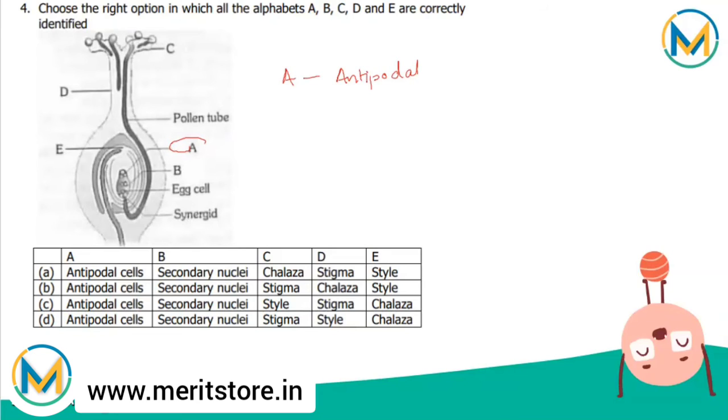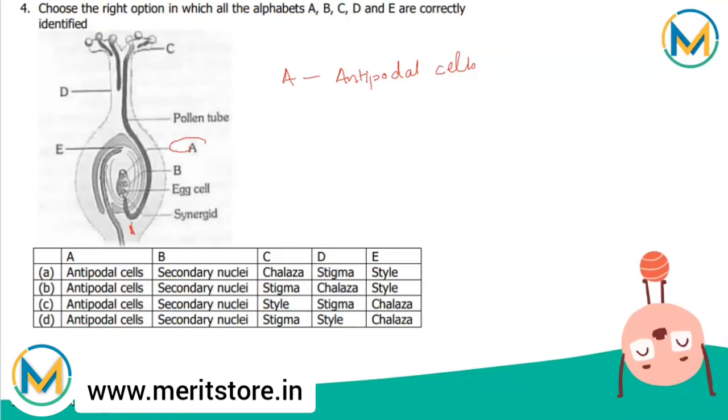Look carefully here inside this. These are the 3 haploid cells in the mature embryo sac of flowering plants that are situated at the end opposite to the micropyle.